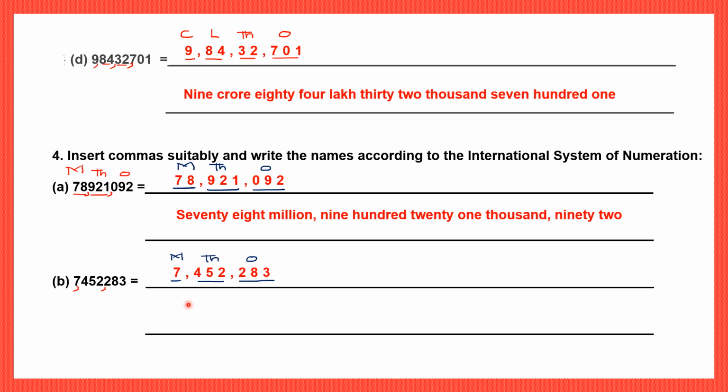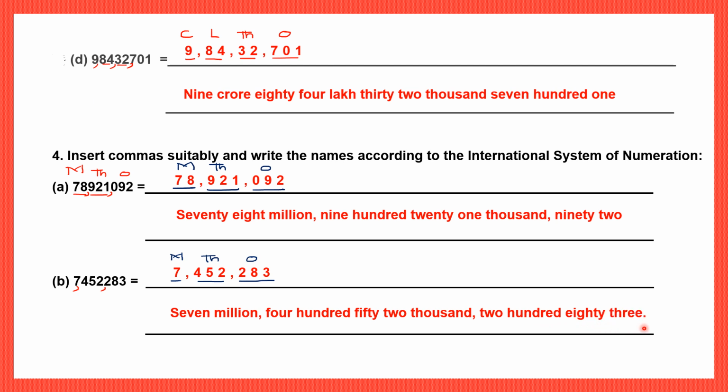So let's read this. 7,452,283. So that will be 7 million, 452,000 as we have it here. And the last part, 283.